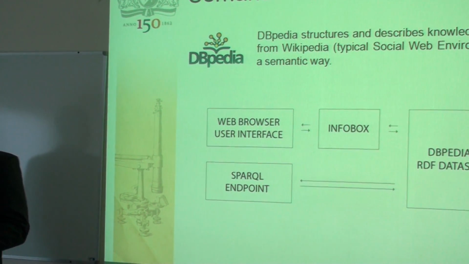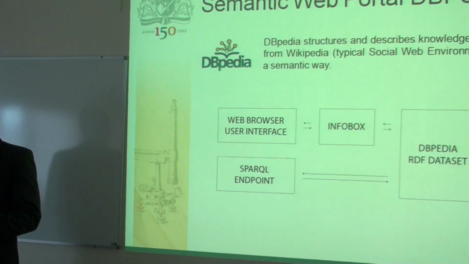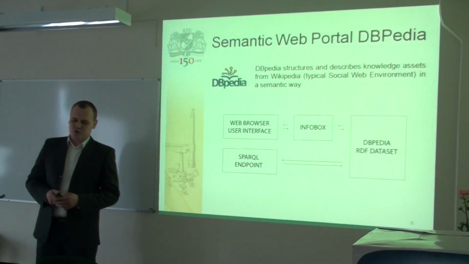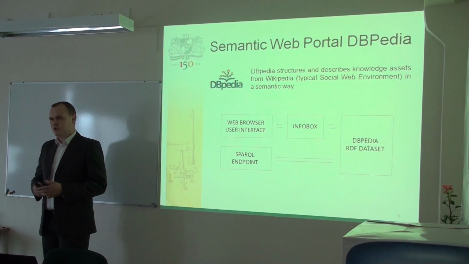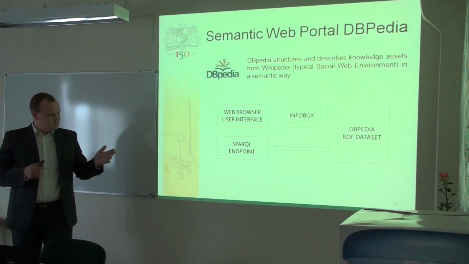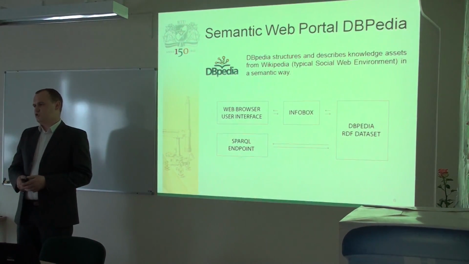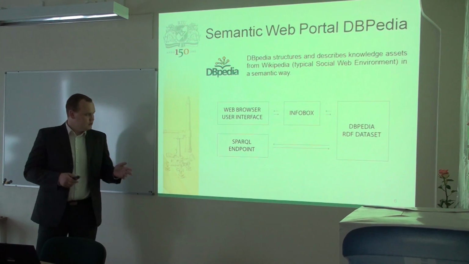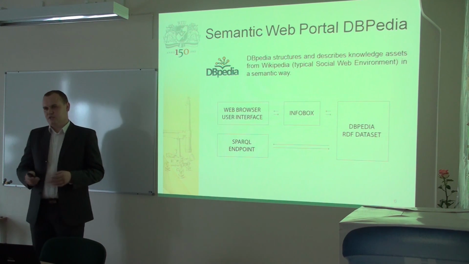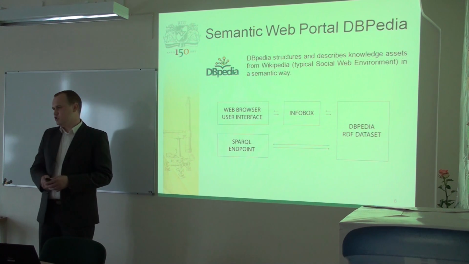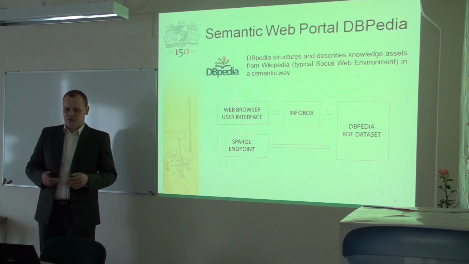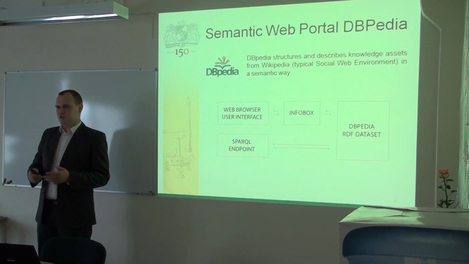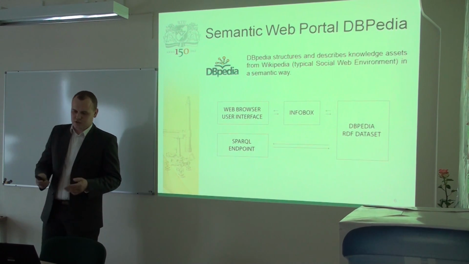Looking from the perspective of the user and how the user can access these knowledge assets within DBpedia, there are basically two ways. The first one is through using the SPARQL endpoint, which, as the title suggests, allows using queries built in the SPARQL language, and this endpoint is basically used by advanced users with high IT skills, and also intelligent systems and different other IT-based environments.